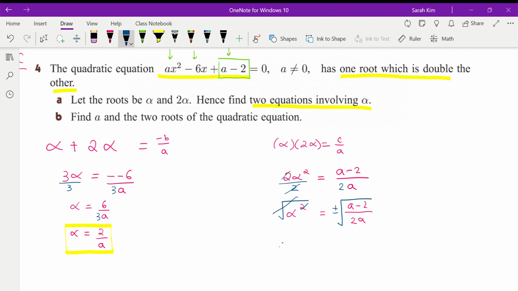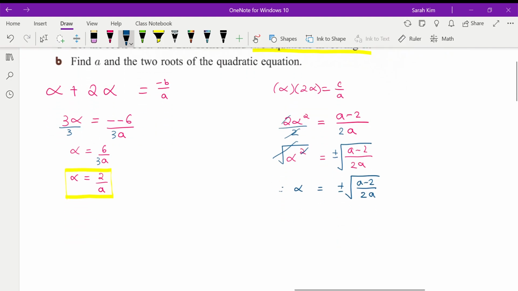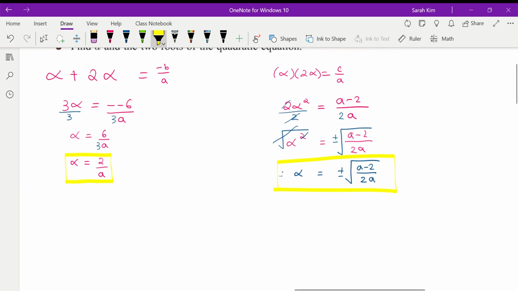So therefore, alpha also equals plus or minus the square root of a minus 2 divided by 2a. So now that I have two equations that equate to alpha, I can use simultaneous equations and equate those two. Alpha is equal to 2 over a, which is also equal to the square root of a minus 2 over 2a.